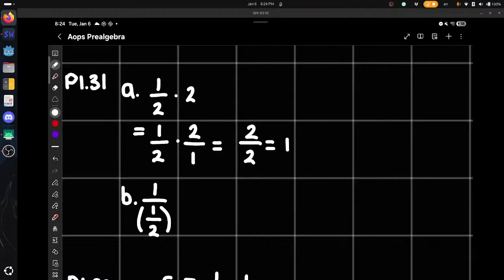Explain why the reciprocal of 1/2 is 2. What in the world? What do they want?